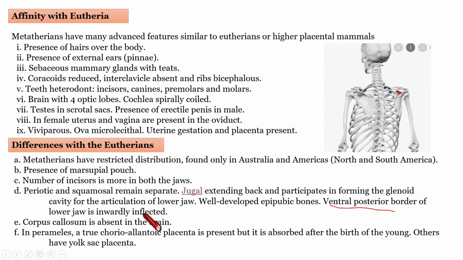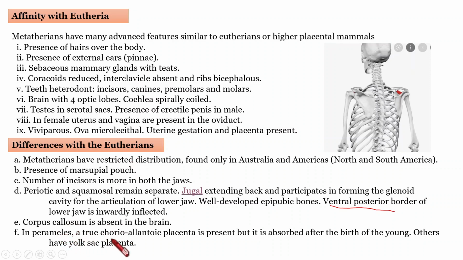Lower jaw is somewhat modified inwardly. It is modified in some form in the case of metatherians. There is another difference from eutherians. Then corpus callosum. Corpus callosum is absent in the case of metatherian in its brain, but it is not so in eutherians. And parameles is a metatherian.